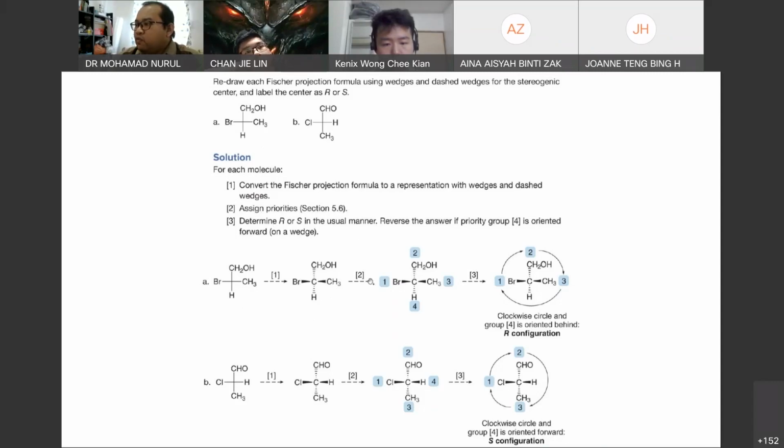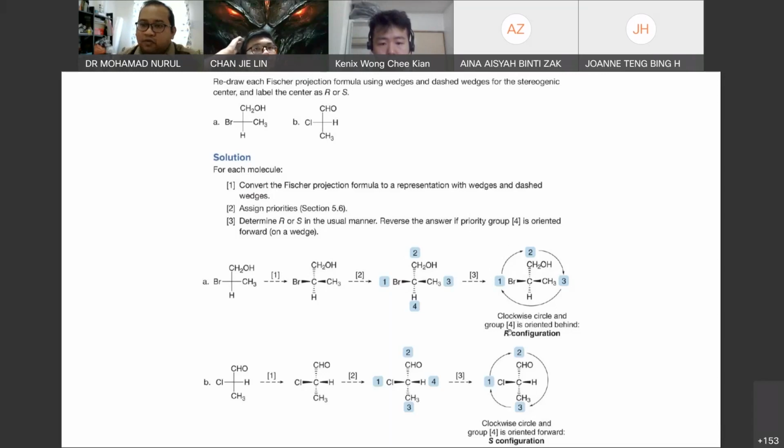We have number 1 here, bromine, followed by CH2, because that carbon is connected to oxygen, so it becomes priority number 2. CH3 becomes number 3, and number 4 is at the back. So 1, 2, and 3 form a clockwise circle, and 4 is oriented at the back.